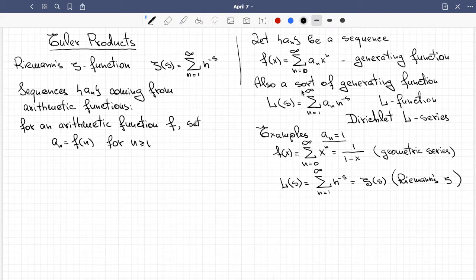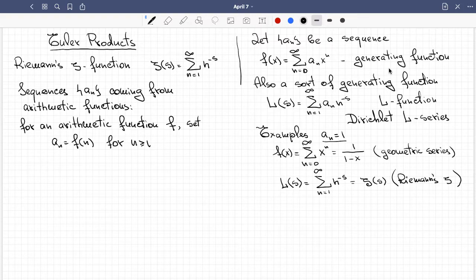Therefore, that checks with the definition of Dirichlet L series or L functions. We start the summation with 1 always, not with 0 as we frequently did with those generating functions.